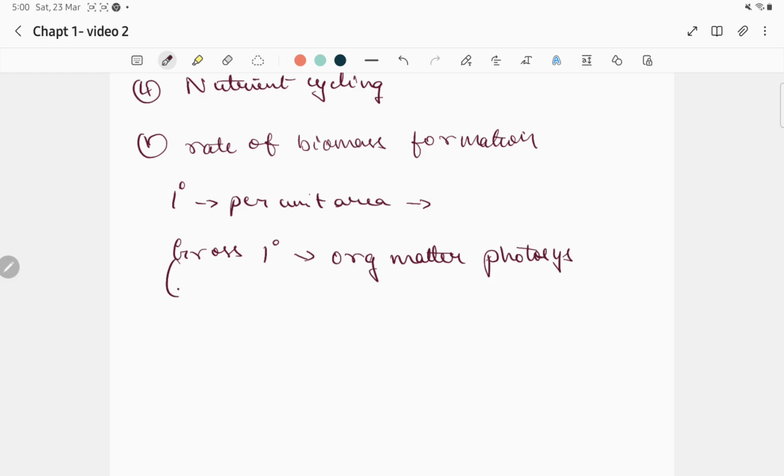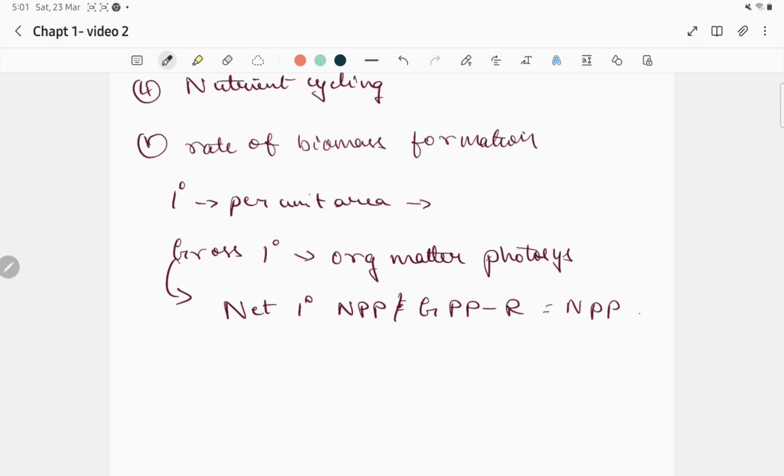A considerable amount of this is used for respiration. So net primary productivity, NPP, is equal to gross primary productivity minus respiration.